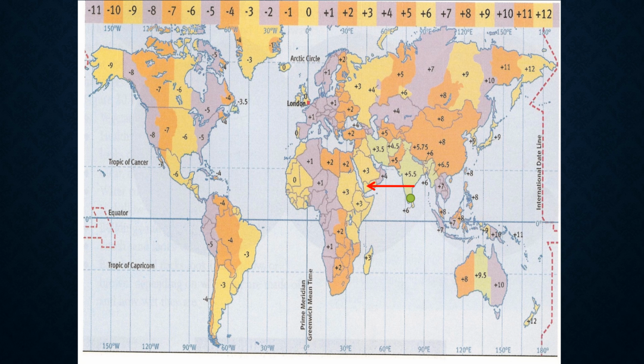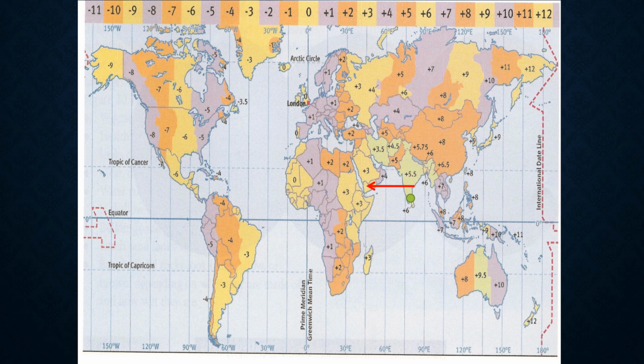So if 45 degrees east is located west of 75 degrees east, are we losing time or are we gaining time? Well, if it is west, as the arrow indicates, it means we are losing time.